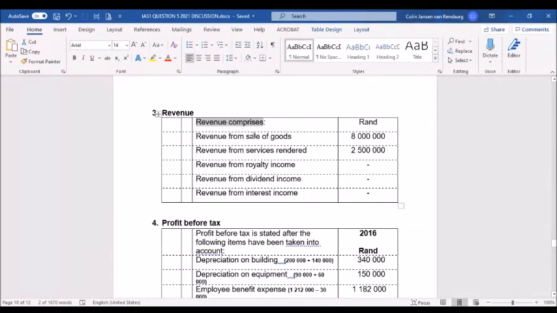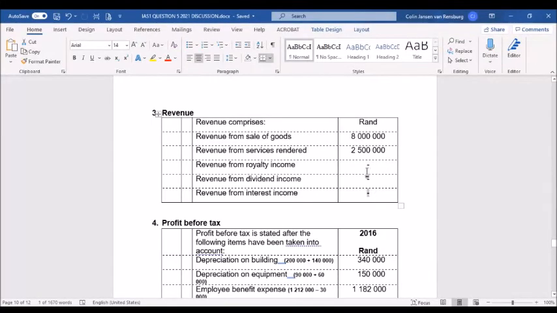So the revenue note, which we discussed on Monday, we said we start with a little introduction. Revenue consists of, or revenue comprises, and then we just list our various sources of revenue, whether it's from sales of goods and the amount thereof, whether it's from services rendered and the amount thereof, whether it's from royalty income if you own intangible assets and the amount thereof, the revenue from dividend income if there had been any, the amount thereof, and your revenue from interest income and the amount thereof.